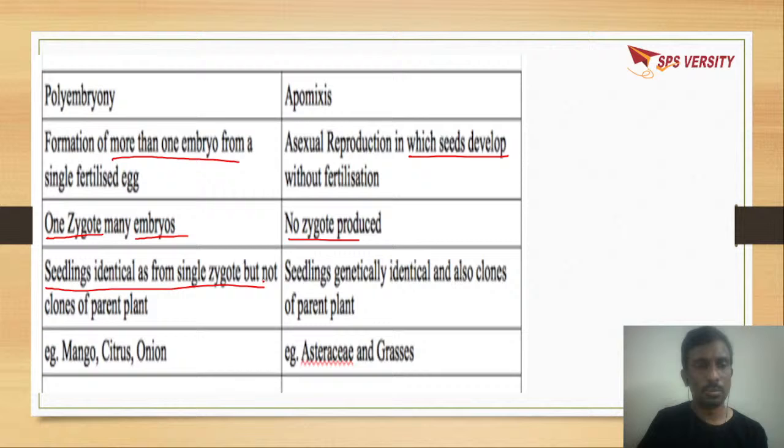Seedlings are identical to a single zygote but not clones of the parent. That means those formed from nucellar cells are similar to the parent. It is seen in mango and citrus. In apomixis, seedlings are genetically identical, also clones. It is seen in Asteraceae and grasses.